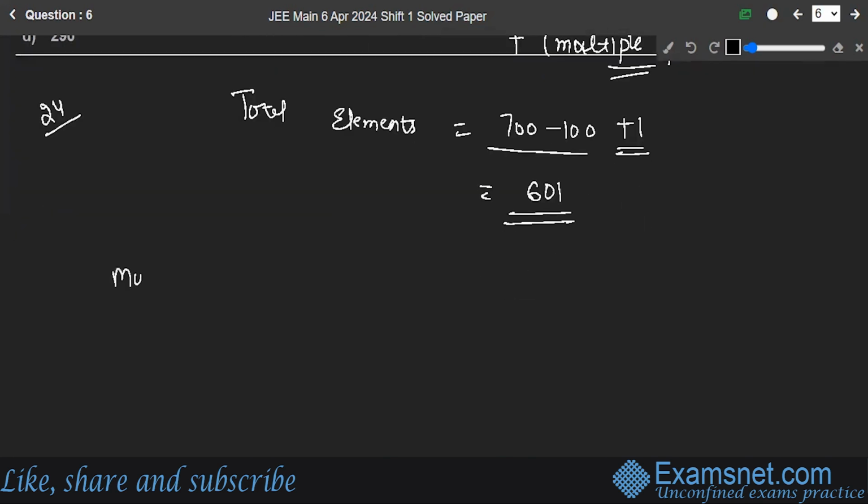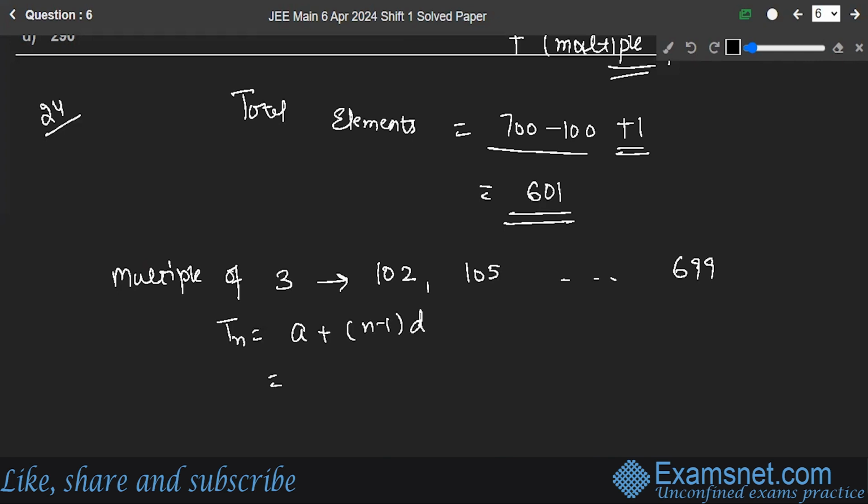And how many are multiples of 3? It starts from 102, then 105, and so on. The last number before 700 which is a multiple of 3 is 699. So you know the nth term is given by first term plus n minus 1 into d. So this is your first term, 102, d is equal to 3.